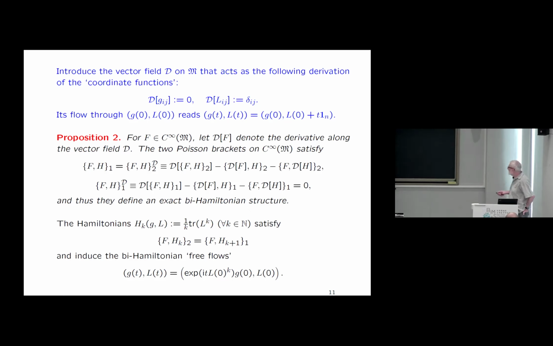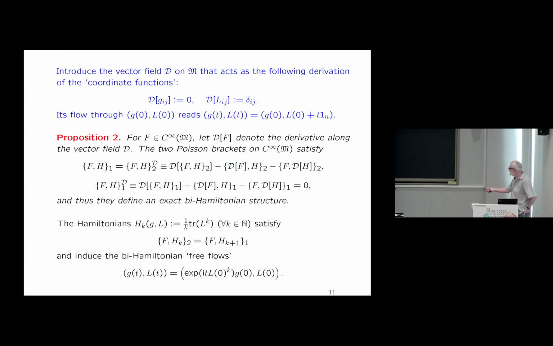And now let's consider Hamiltonians. Remember that L is a Hermitian matrix, so we can just take the trace of various powers of this Hermitian matrix, and these Hamiltonians turn out to satisfy this recursion relation with respect to the two Poisson structures.